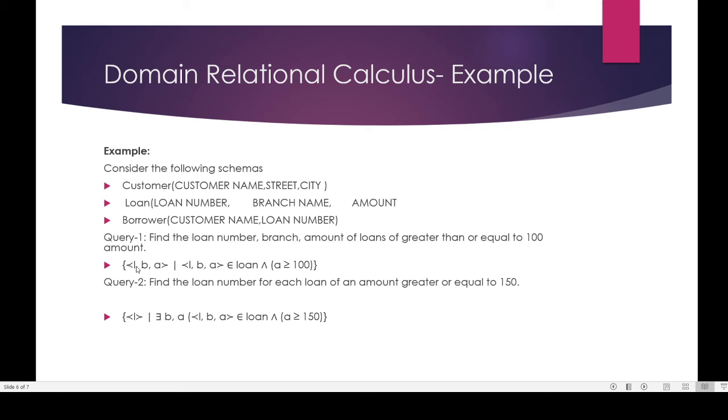We write the domain variables in angular brackets. Loan number is written as L, B for branch, and A for amount, such that <L, B, A> is an element of loan and the amount is greater than or equal to 100. This is the condition. This is domain relational calculus.